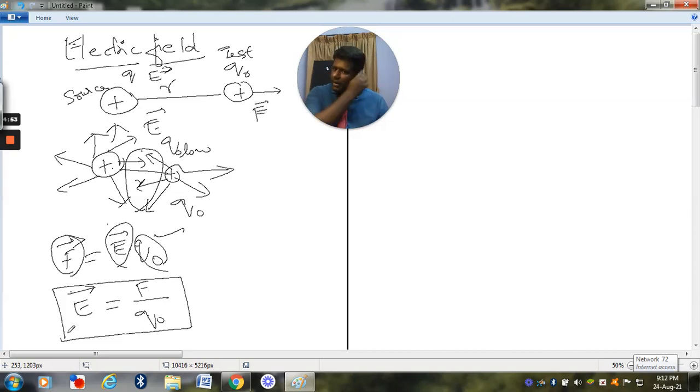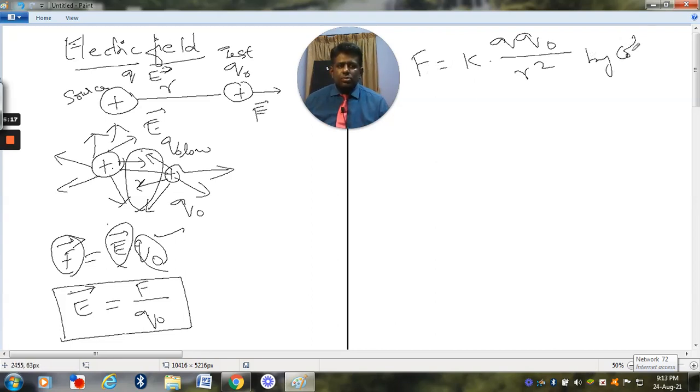Already in Coulomb's law we have seen that force is equal to K into Q into Q naught divided by r square, using Q and Q naught as the two different charges. This is the formula for identifying the force using Coulomb's law.